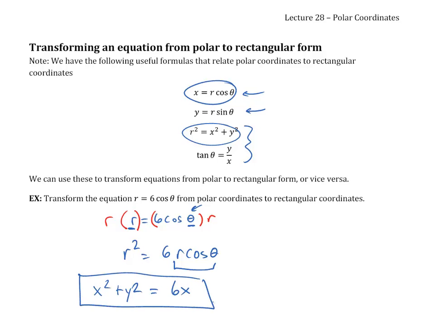I have now converted that polar equation into a rectangular equation, right? Because r squared is x squared plus y squared. I just replaced it on the left-hand side, and then r cosine theta is just x, which I replaced on the right-hand side. Once you get rid of all the r's and thetas, you're done. You've converted from polar to rectangular.